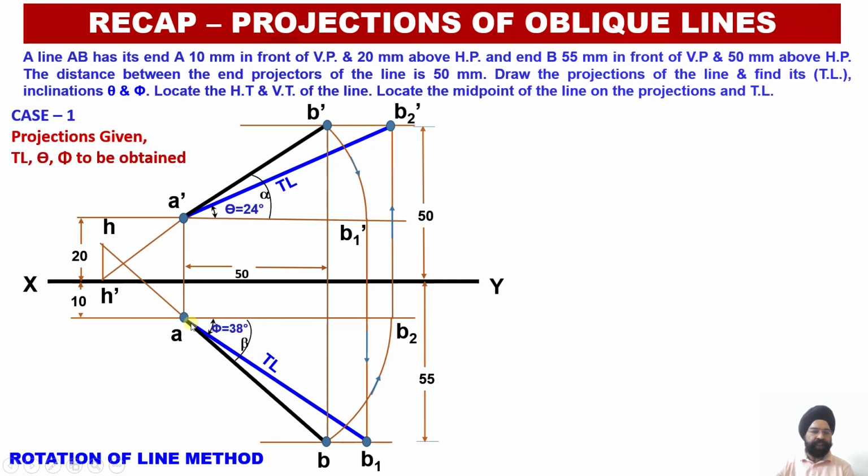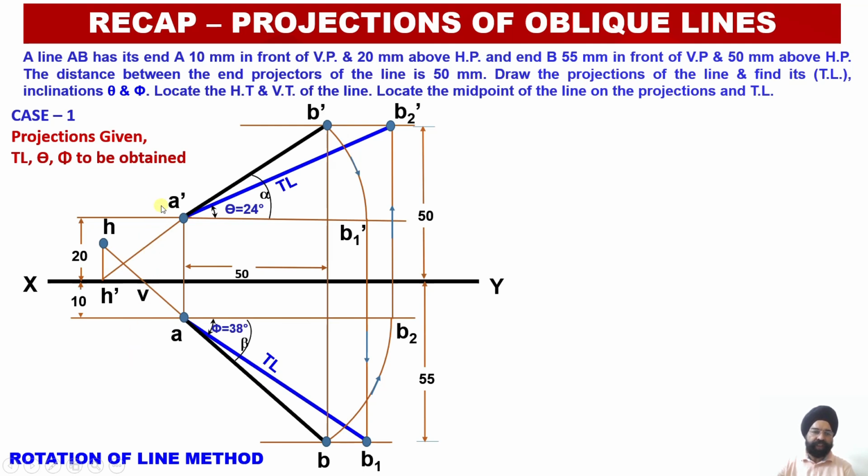Similarly I need to work upon the vertical trace. In order to work out the vertical trace, I have already extended my plan projection line, that is AB. Wherever this plan projection line is extended and it meets my XY line, I am going to mark this point as point V, that is the base of my vertical trace, and then I will again draw a vertical projection from here and see to it that wherever this vertical projection meets my elevation projection line A dash B dash, it may meet above the XY line or it may meet below the XY line.